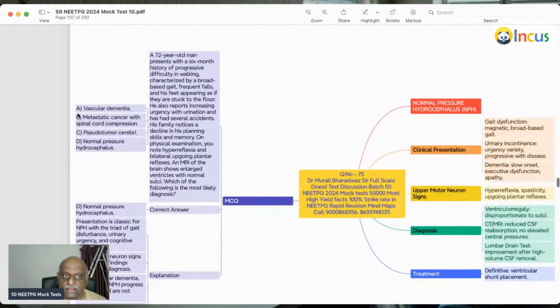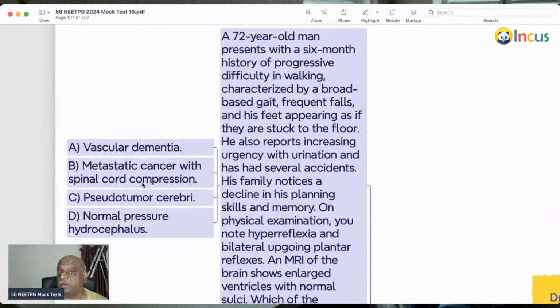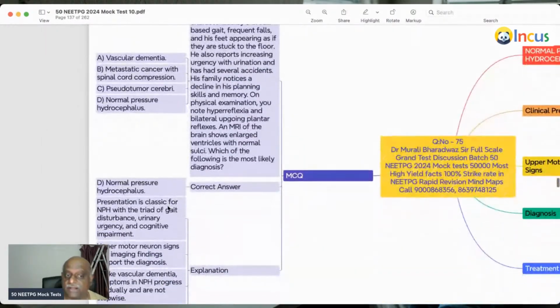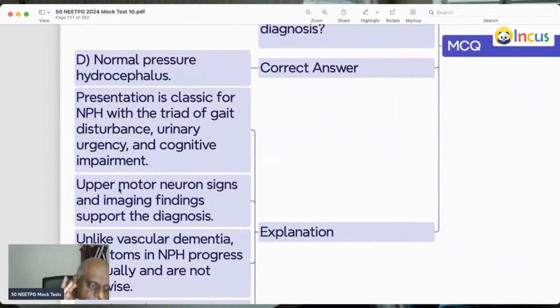Now, doctor, 72-year-old with a 6-month history of progressive difficulty in walking, broad-based gait, frequent falling. So gait disturbance, urinary urgency, cognitive impairment, the triad of clinical features. My dad is having difficulty in walking, the son will tell.